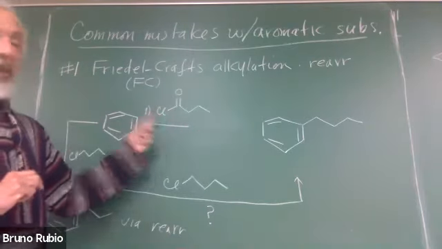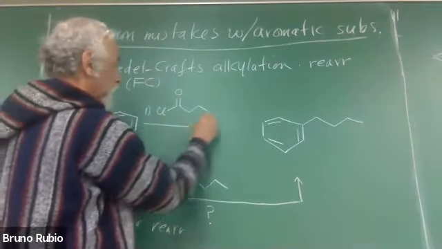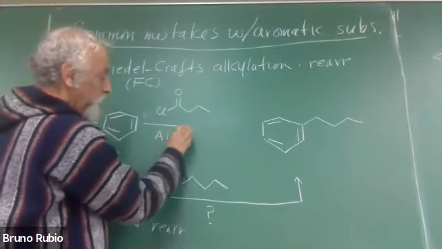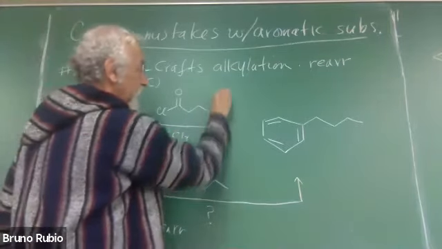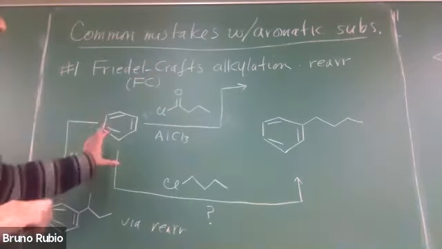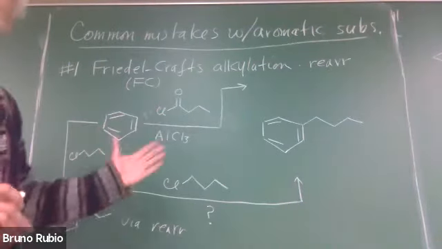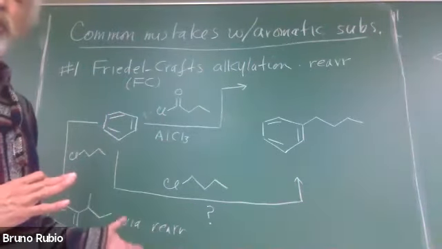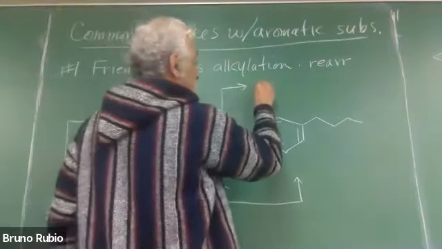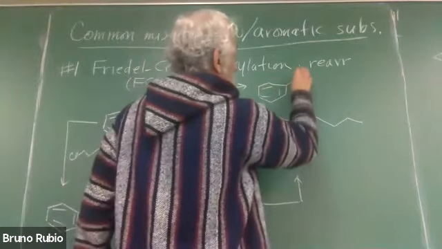But notice it's an acyl derivative. And then I'll use aluminum chloride as the catalyst. And not really managing space here too well. And so that's the nucleophile, that's the leaving group. It kind of looks like an acyl substitution where the leaving group is gone and the nucleophile has taken its place. So we get this.